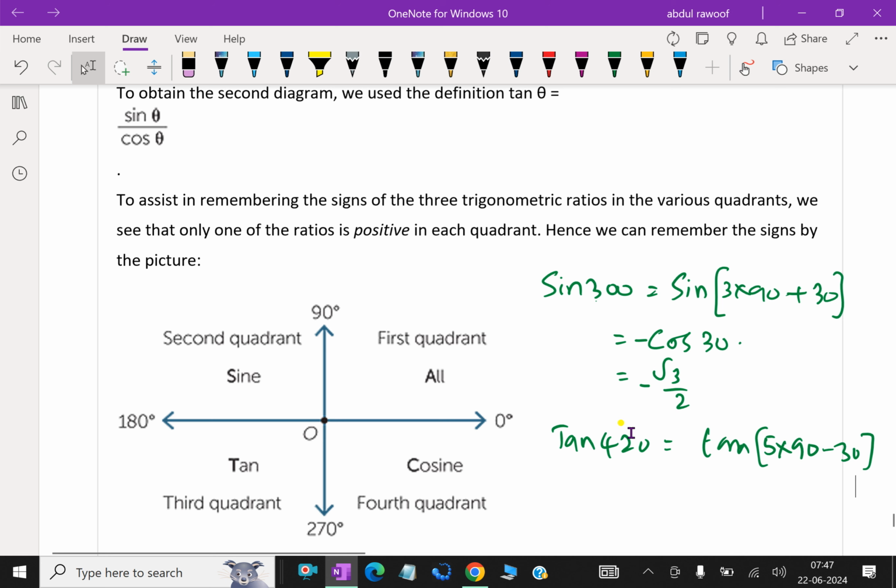Look here, this 420 can be expressed as tan of 5 into 90, that is 450, minus 30, which is 420.